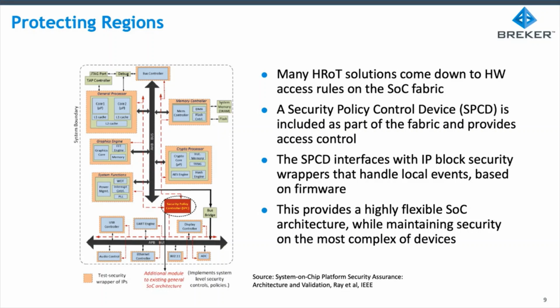This actually provides a very highly flexible SoC architecture and still maintains a powerful level of security for the device. It's worth mentioning that the source for this diagram is an IEEE paper, System on Chip Platform Security Assurance, which actually provides an excellent overview on hardware security.